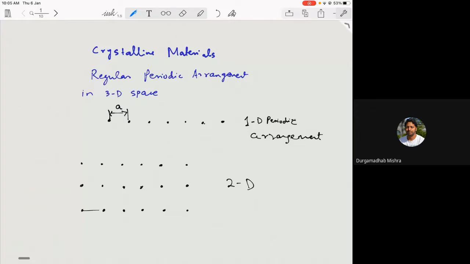Again, one can have a periodicity A along this direction and another periodicity, let's say B, along the y-axis. It can be the same or it can be different.